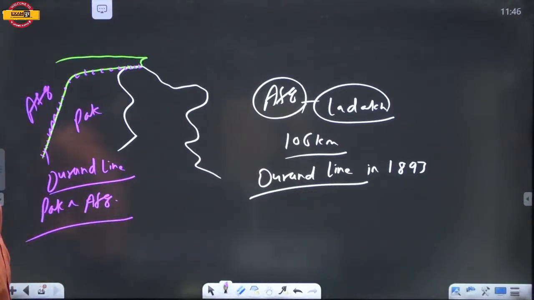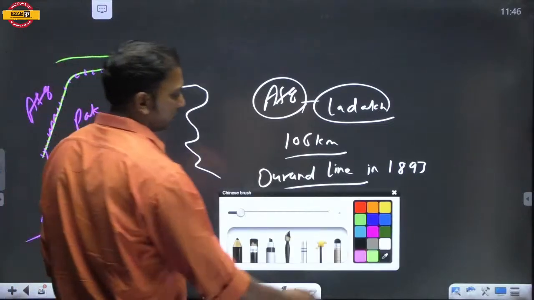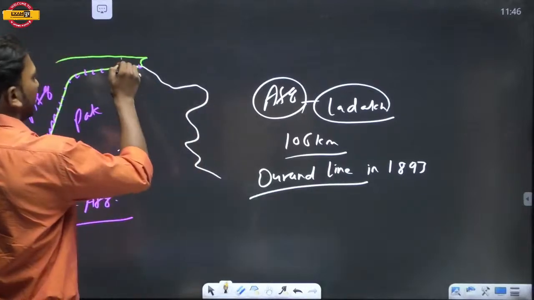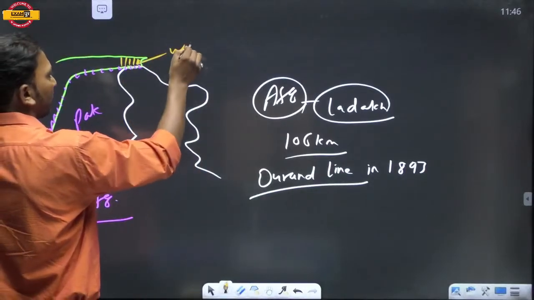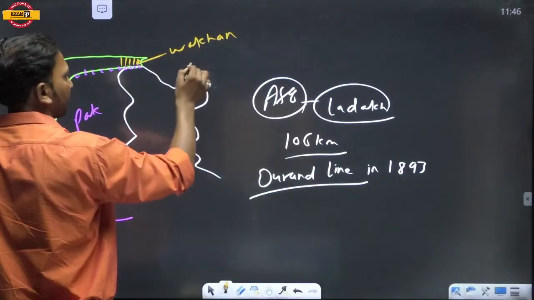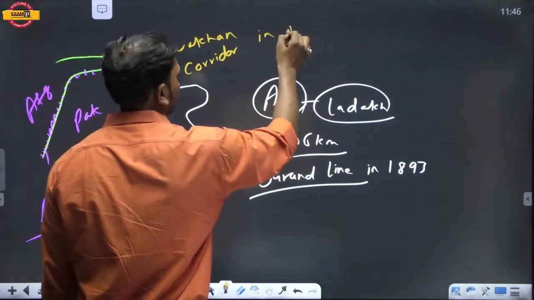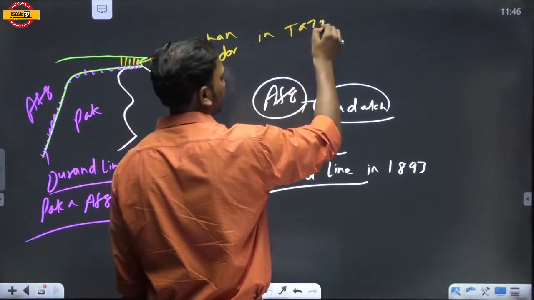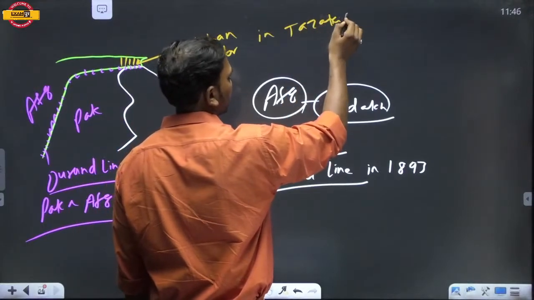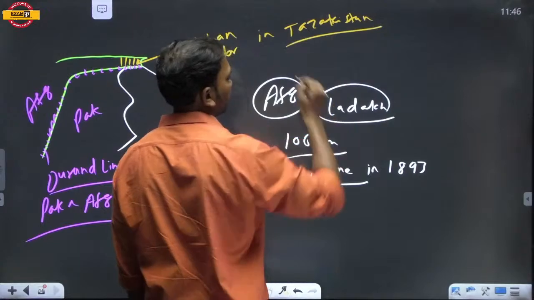Okay, and this region is called the Wakhan corridor, in Tajikistan in the recent scenario.